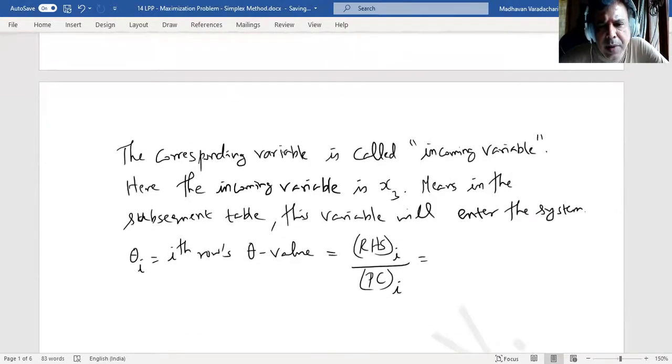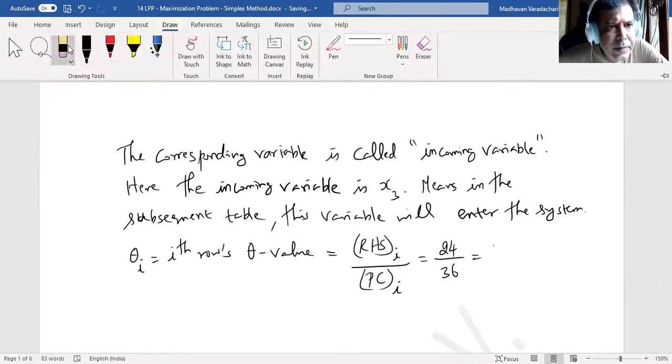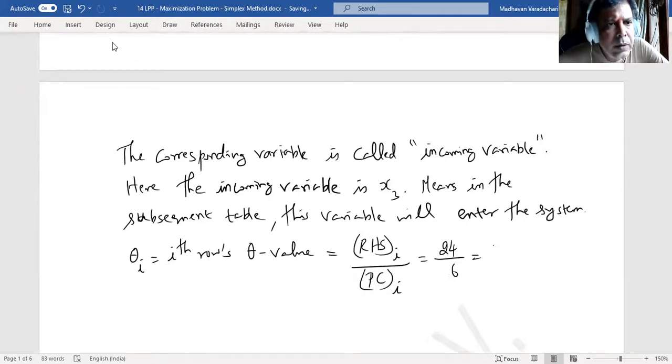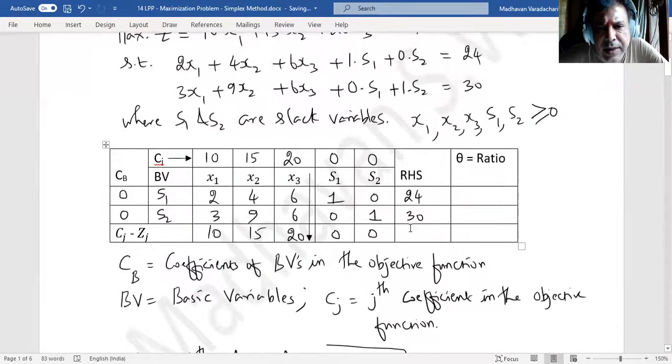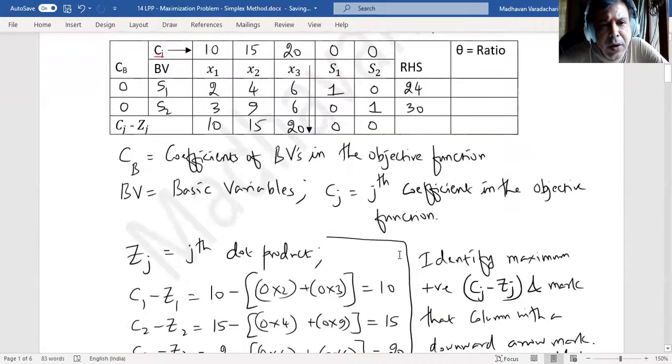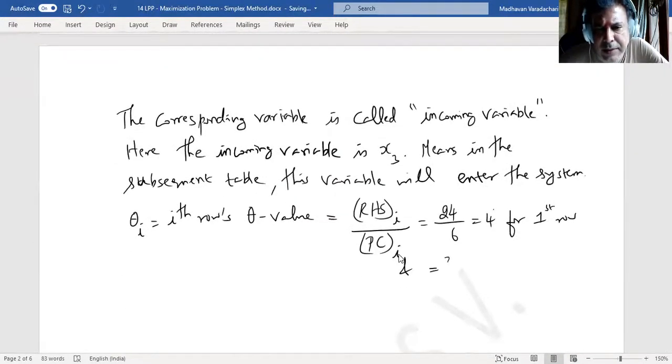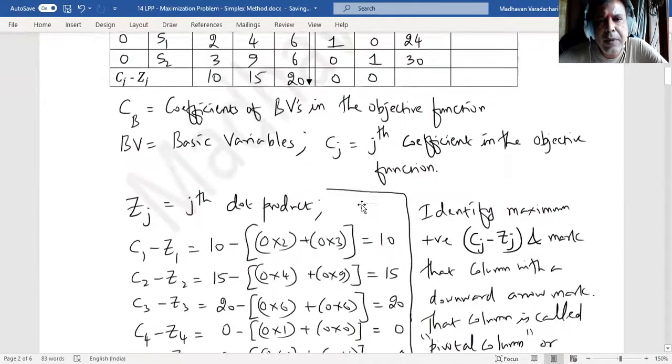So 24 divided by 6. This is 6, not 36. So this is 4 for first row. And if you look into the second row, the right hand side is 30 and the pivotal column element is 6. So 30 by 6, that is 5 for second row. Okay, now let us go and fill up 4 and 5 here.